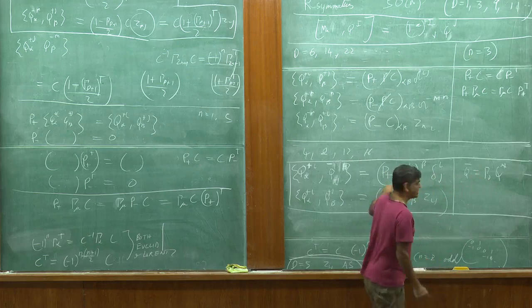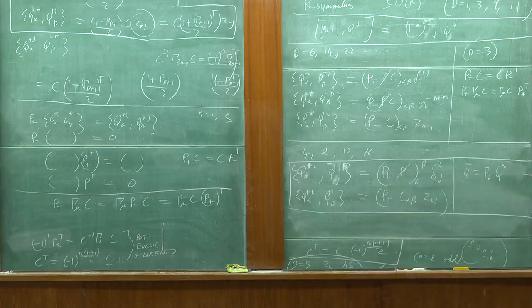But that's obvious because this P slash changes P plus to P minus. Because every gamma matrix anti-commutes with gamma d plus 1. So 1 plus gamma d plus 1 by 2 times gamma mu is gamma mu times 1 minus gamma d plus 1 by 2.